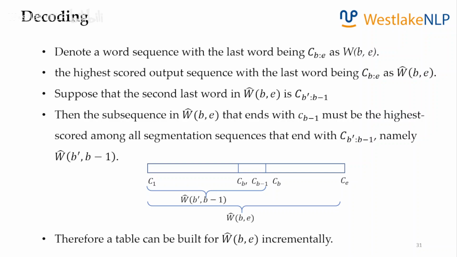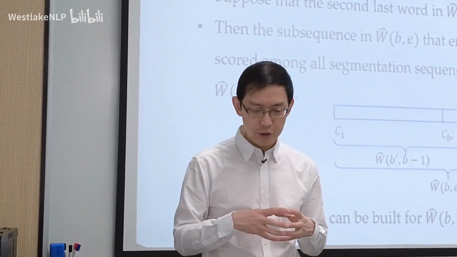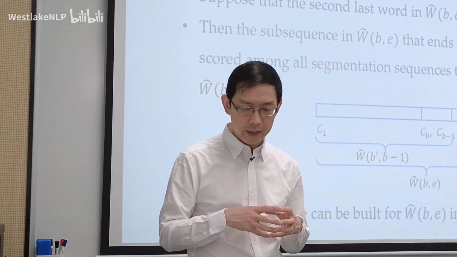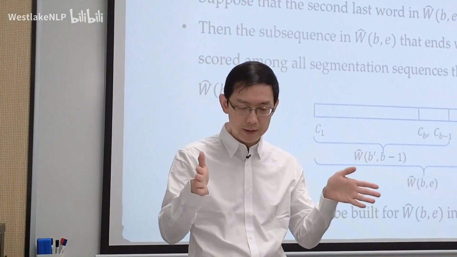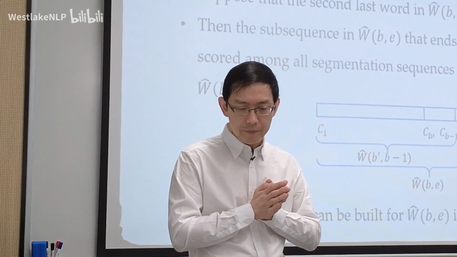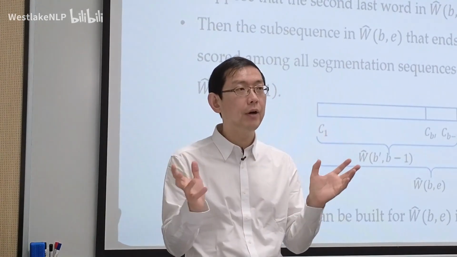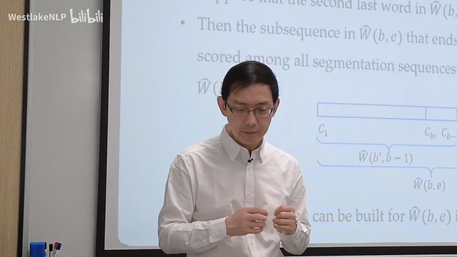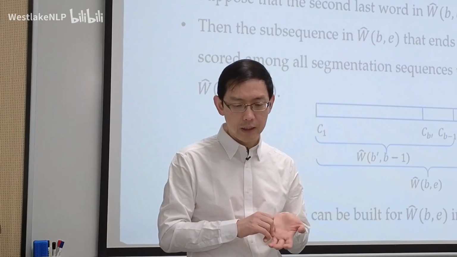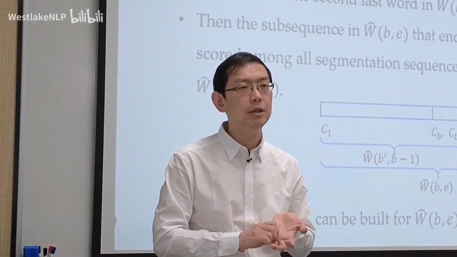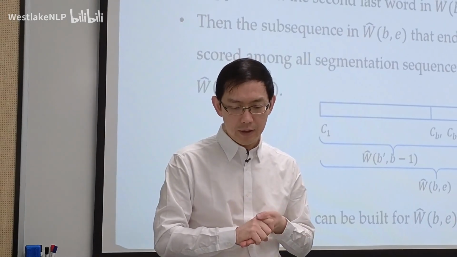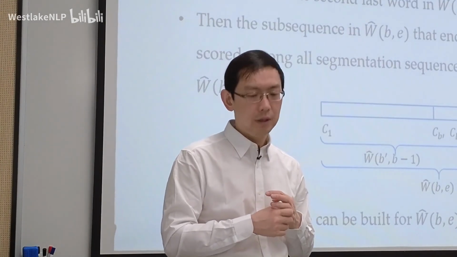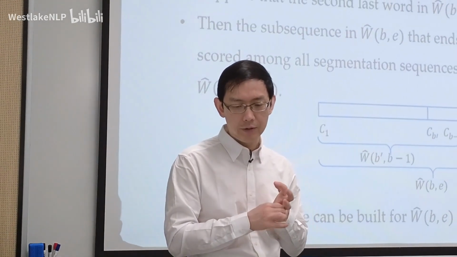So first, how do we factorize our features? Look at the last equation here, right? So theta dot phi of w1 to wn is equal to theta dot the sum of phi of wj minus 1, wj, okay? Where does it come from? It comes from our Markov assumption, right? Now, theta dot the sum of phi equals the sum of theta dot phi, right?